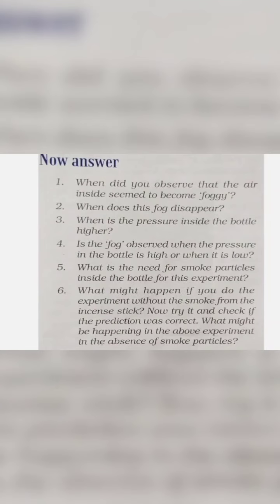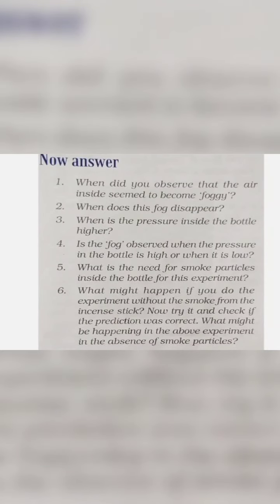It is so because due to high pressure, the condensed water vapors will fall down and collect as water at the bottom of the bottle. When the experiment is repeated without smoke inside the bottle, one will not observe foggy air inside the bottle as smoke particles are absent and nothing is available in the air to act as nucleus for water vapors to condense as tiny droplets.